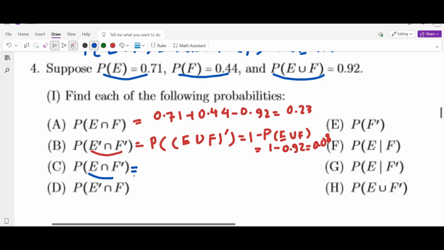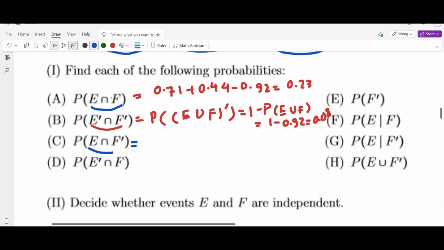Well, there is another formula that I can use because I already know the probability of E intersect F. Let me write this down: the probability of E intersect F plus the probability of E intersect F prime is going to be equal to P of E by the total probability law.